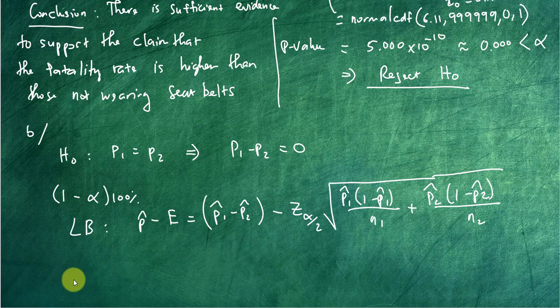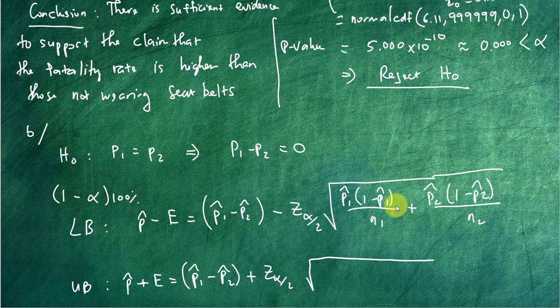And we do the same thing for the upper bound. For the upper bound, we just change the minus to the plus, so P hat plus the margin of error, and that is the same thing as P hat 1 minus P hat 2, and then plus instead of minus, and the other things are the same.